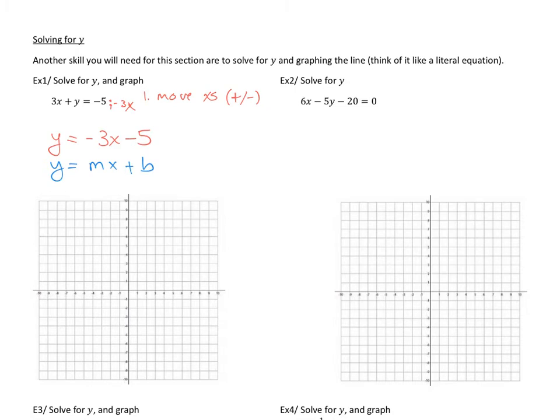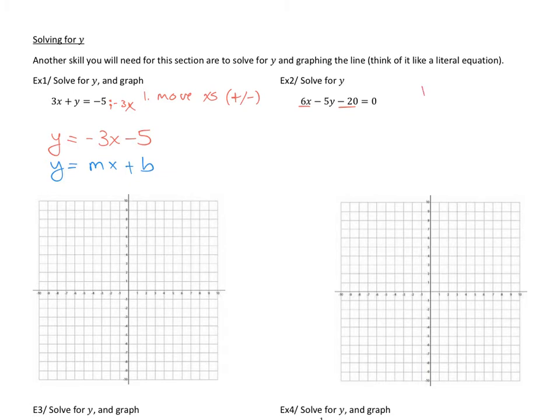Now, if you look at number 2, we have the 6x and the negative 20 on the same side as the y. So remember, when we were solving linear equations, the first step was to get rid of any terms by addition and subtraction.